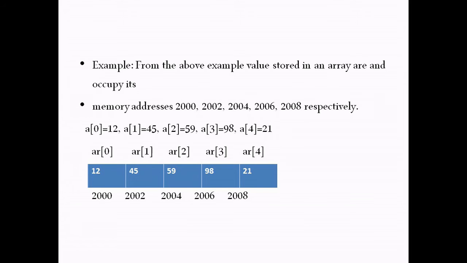In location 0, we stored the element 12, and the memory address is 2000. In location 1, the data element is 45 and the memory address is 2002. The memory address is incremented by 2 because we are storing the integer data type in the array locations.